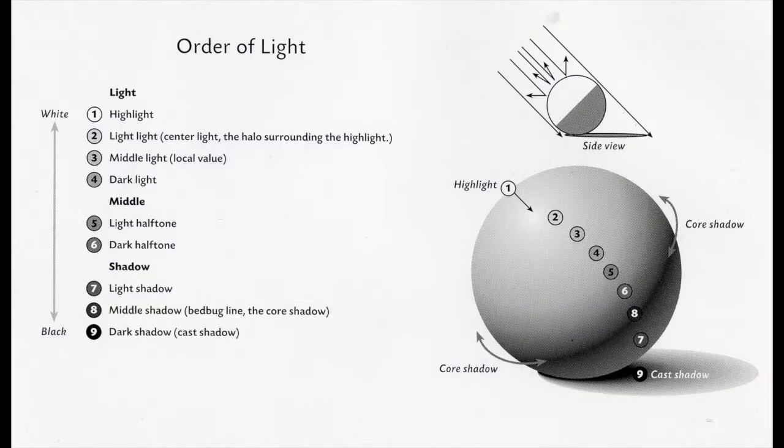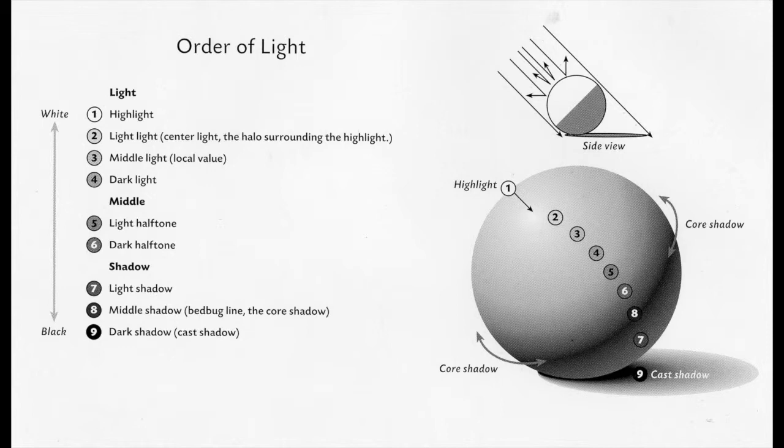So let's talk a little bit about light logic. First of all, we have a value scale from dark to light, white to black. You'll notice here that we have a series of numbers. What the numbers mean is how dark each one of these areas is going to be on an object.